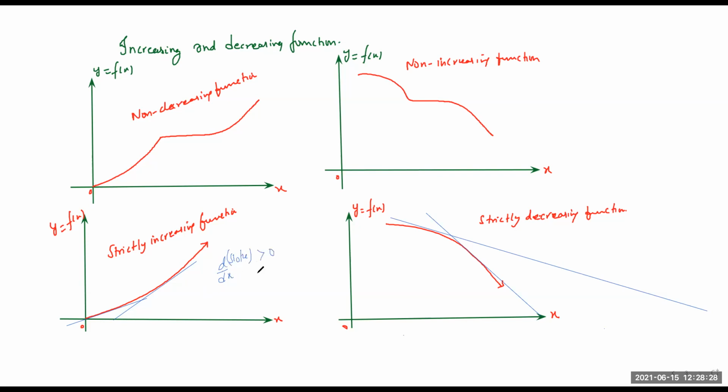The change of slope is positive. As x changes, the rate of change of slope is positive. And the slope is always positive. So if it is a strictly increasing function, the slope is positive and the rate of change is also positive. Can you see that?